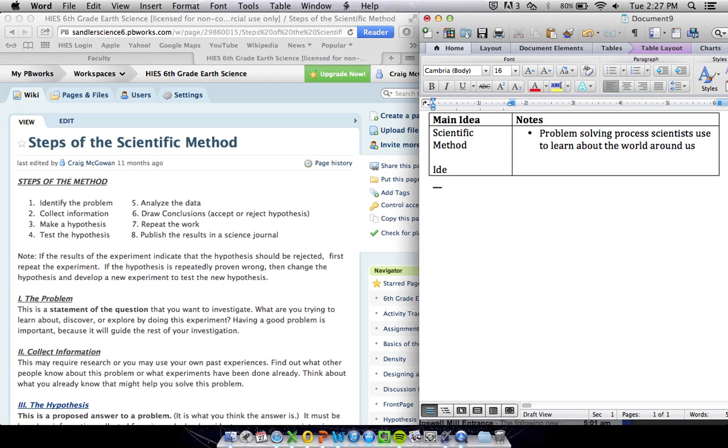So the first step is we need to identify the problem. Alright, it is tough to solve a problem if you don't know what it is. So the first step is to identify the problem. And in this we're going to state the problem we want to learn about in the form of a question.